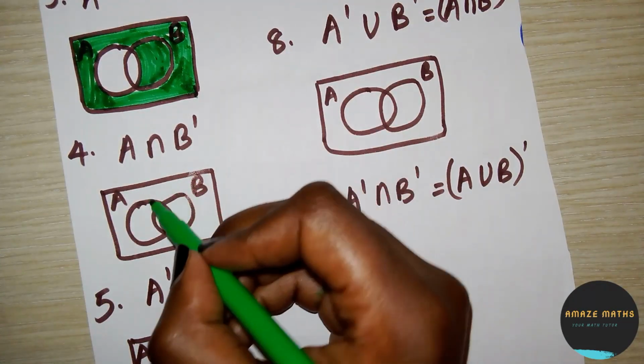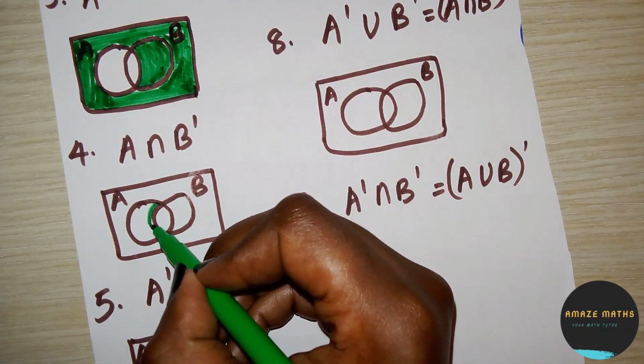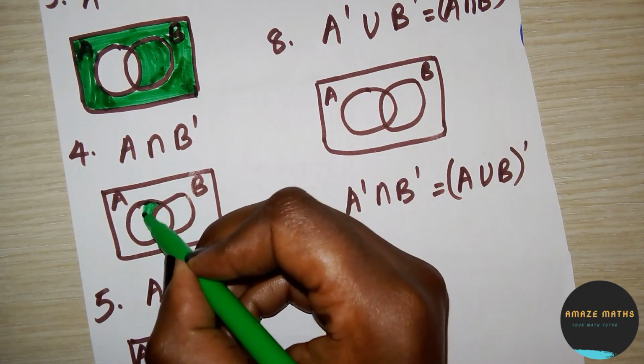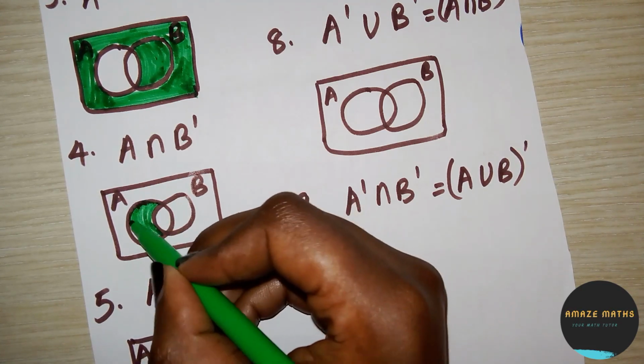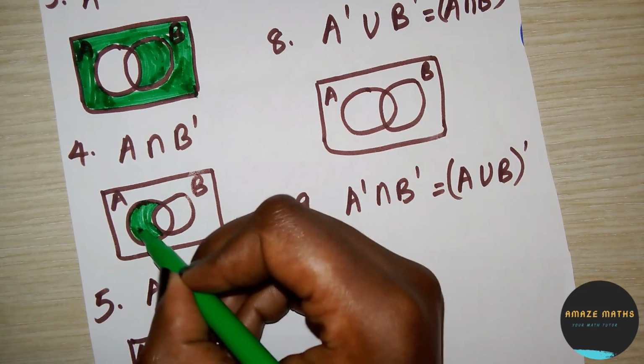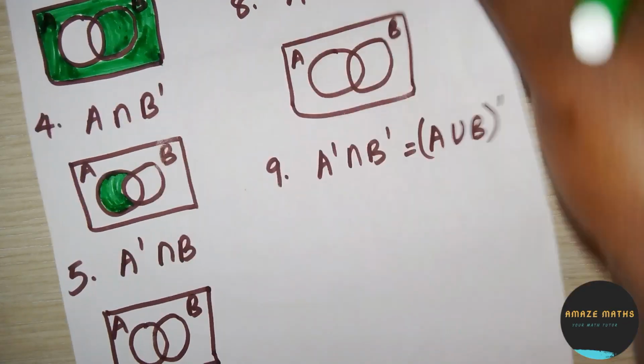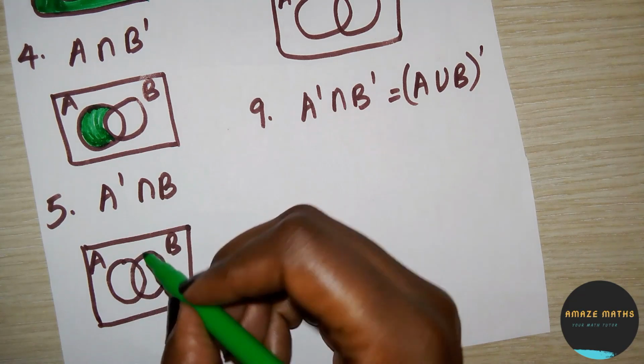Number 4, we're shading out the region outside of A only. Sorry, the region outside of B only. That's it. And then this one we shade out.